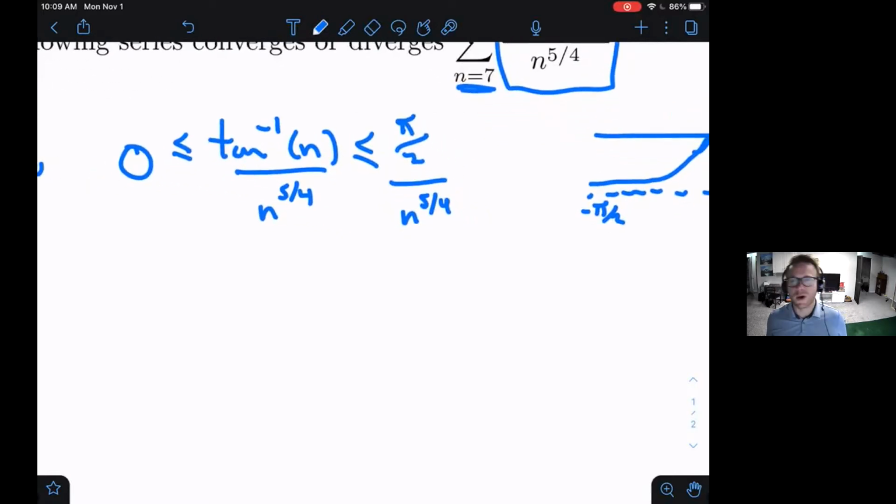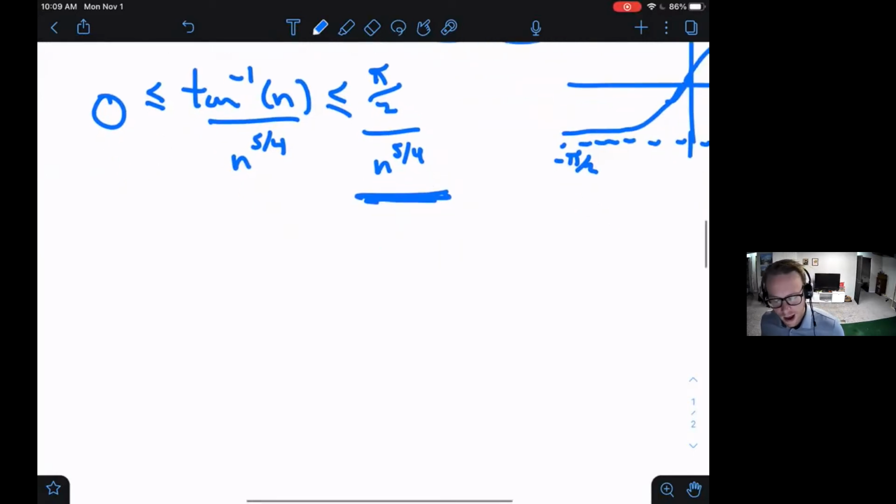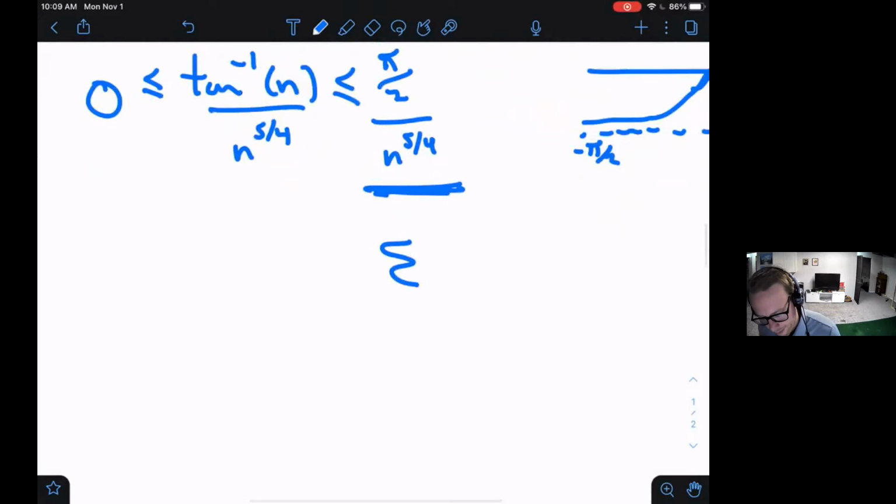Again, I guess I chose all problems that converge. Maybe I should have mixed it up a little bit here. But we are going to need to look at this bigger one yet again, because summing up pi over 4 divided by n to the 5/4, I said pi over 4 there, I meant pi over 2.